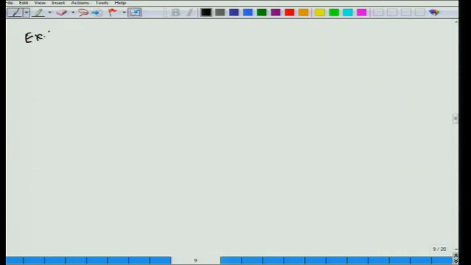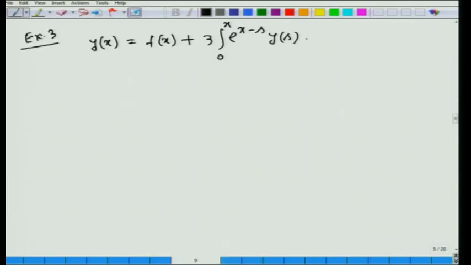This example 3 states that y(x) is equal to f(x) plus 3 integral 0 to x e to the power (x minus s) y(s) ds.